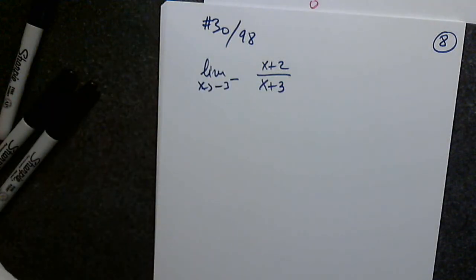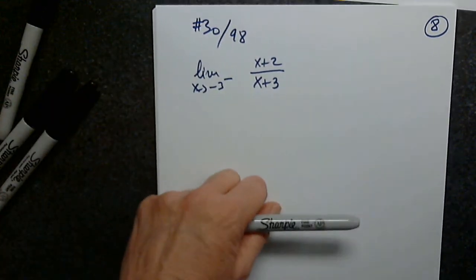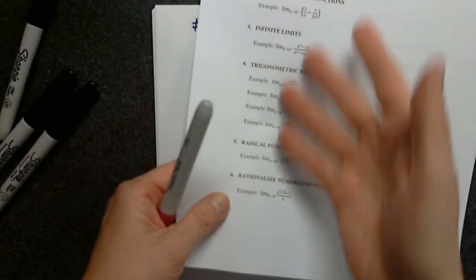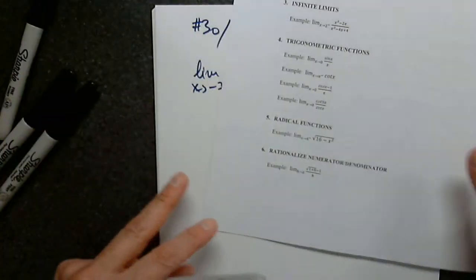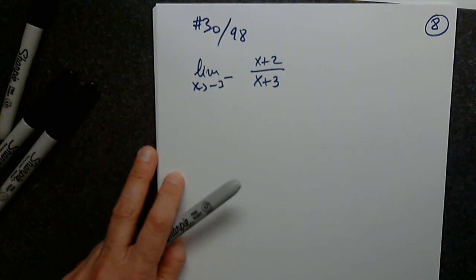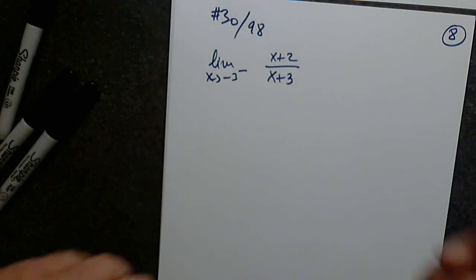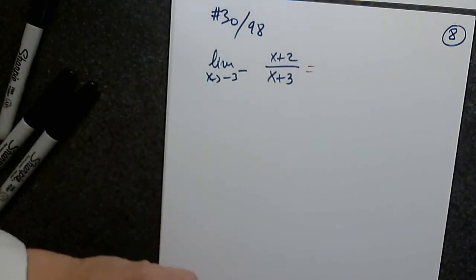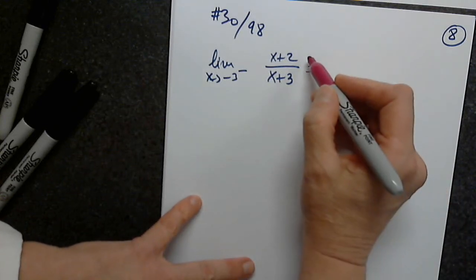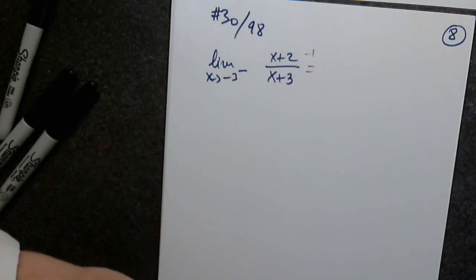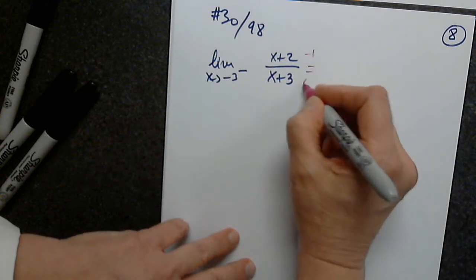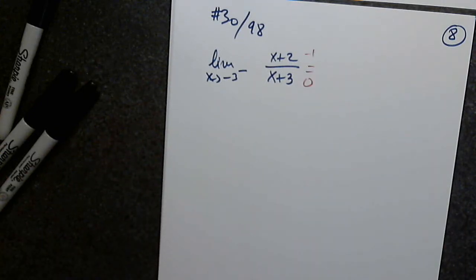If I don't plug it in, I don't know which case it is. So I have to plug it in. So when I plug in negative 3 at the top, what do I get? Excellent. When I plug in negative 3 in the denominator, I get? Good. So I know for sure that there is no hope. And I know that I can only come up with positive infinity, negative infinity, or DNE.